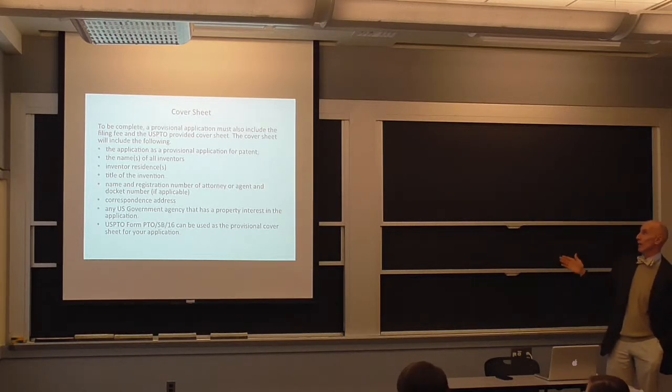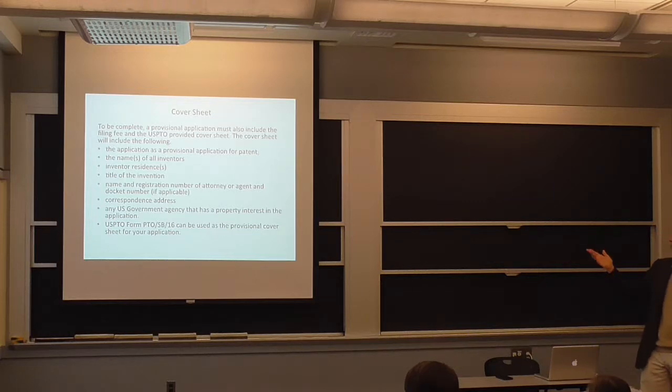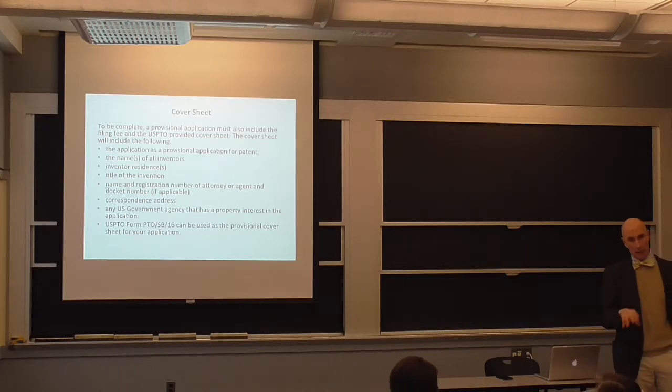The cover sheet, you know, I'm not even going to go through it, but very quickly: the names of the inventor, where the inventors live, the title of the invention, name and registration number of the attorney or agent, if you have one, the correspondence address. And one thing that's very important is whether U.S. government funding has been involved in any way in the invention.